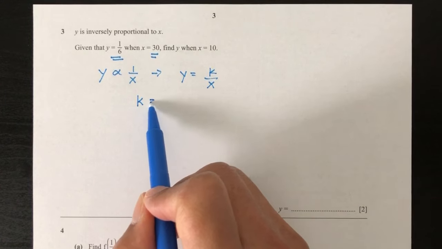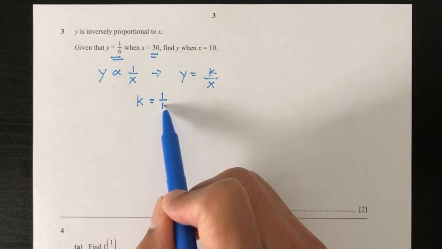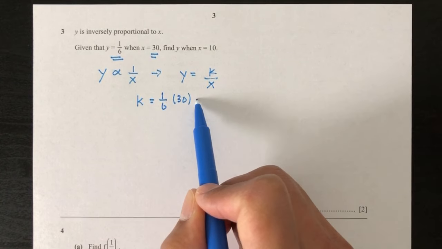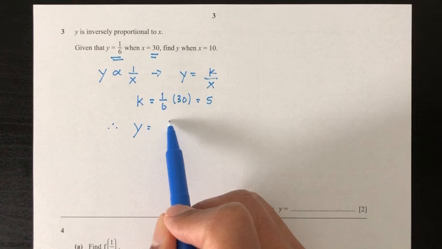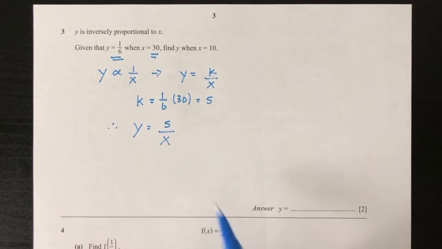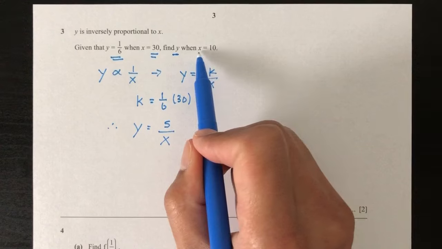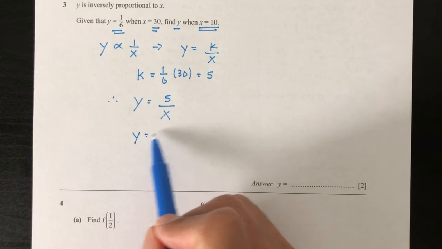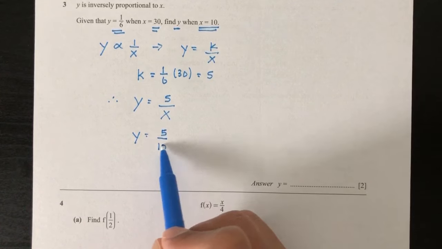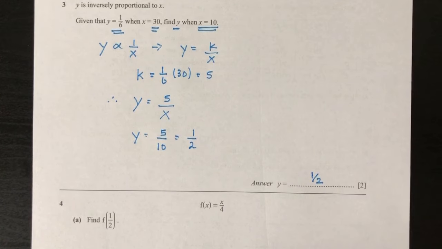So k is equal to y times x. y is 1 over 6, x is 30. So k will be 5. So our equation is now y is equal to 5 over x. Now using this equation, we have to find the value of y when x equals 10. So y is 5 divided by 10, which is 1 over 2, half, for your answer.